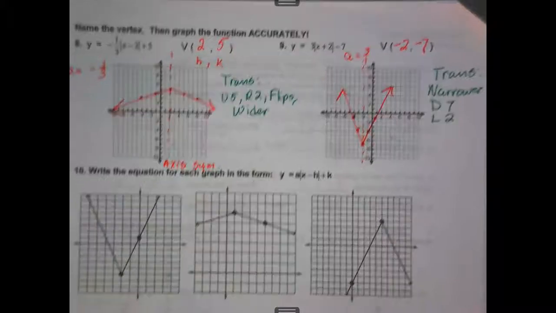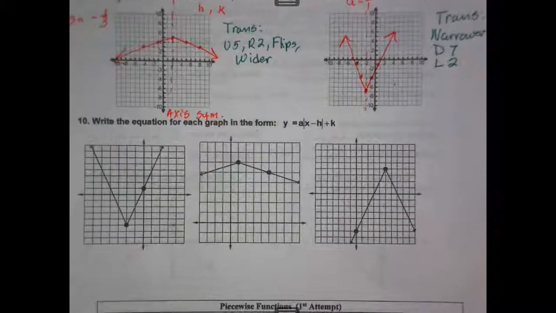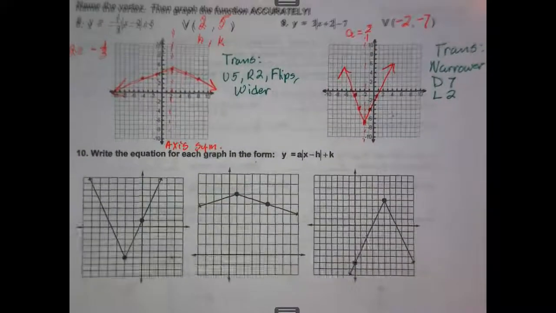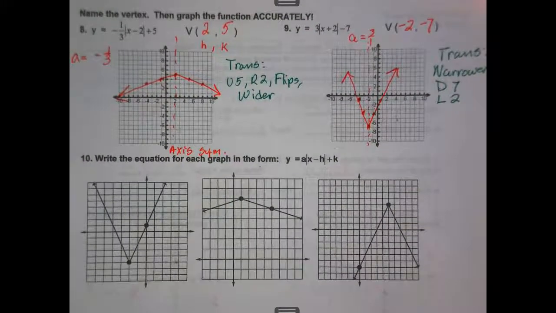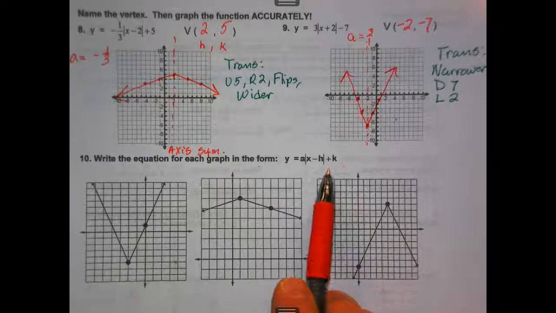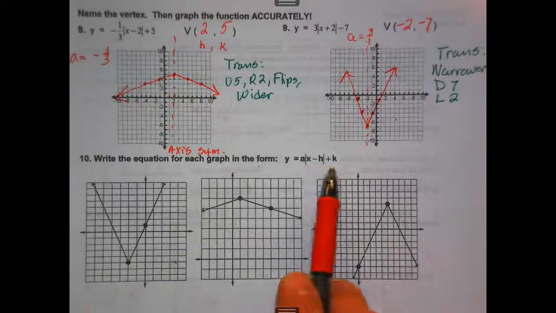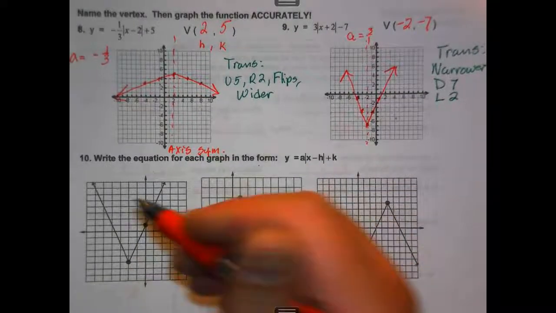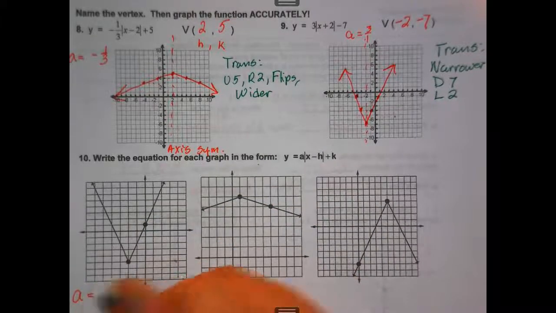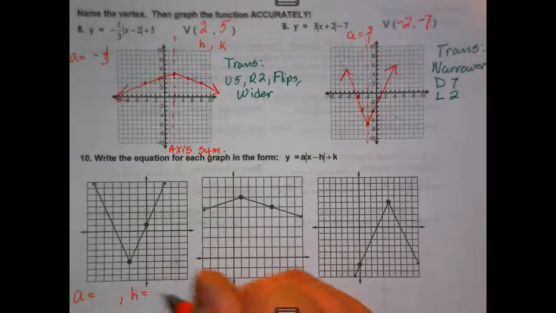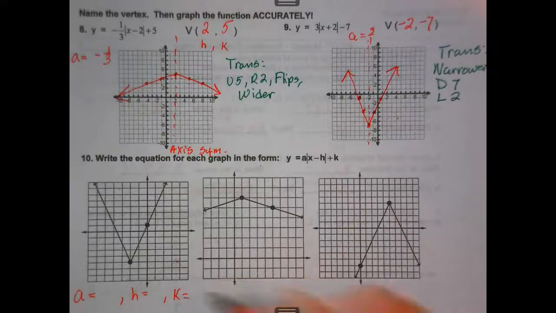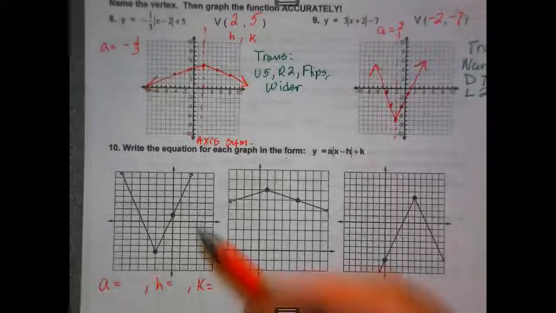Okay, I think on this quiz you're going to have to come up with some absolute value equations in vertex form. So we need our A, H, and K. What's our H here?